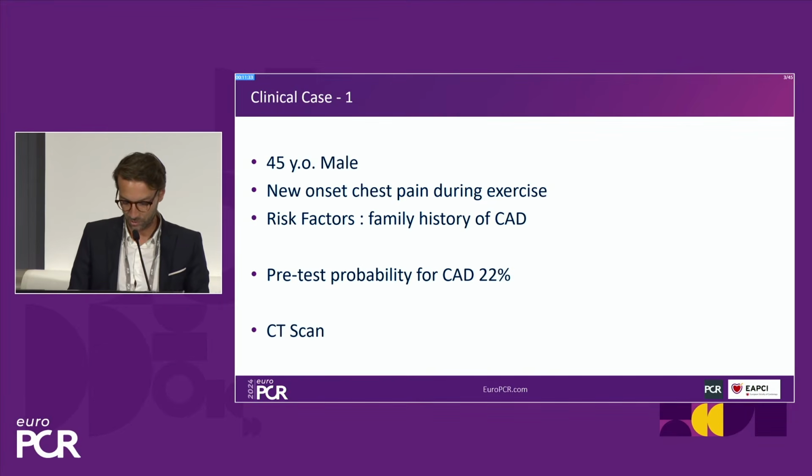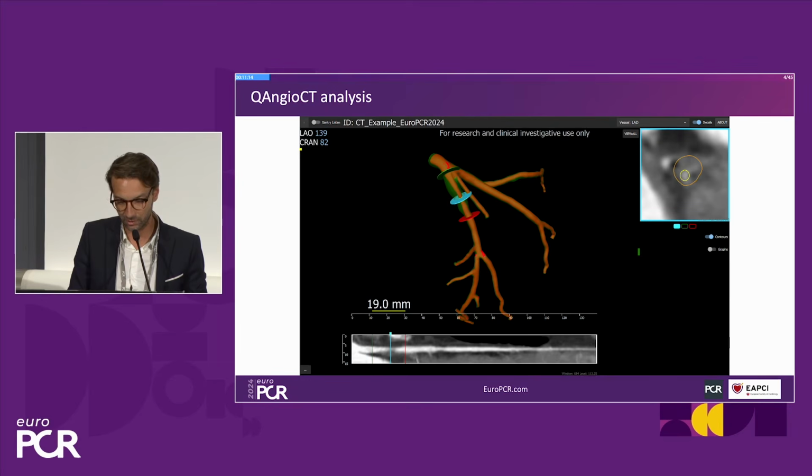So let me start with some daily practice that we all meet in the cath lab, with a clinical case. He's a 45-year-old male, with new onset chest pain during exercise. His risk factor is family history of CAD, and the pre-test probability of CAD is 22%, so he had an angio-CT scan.